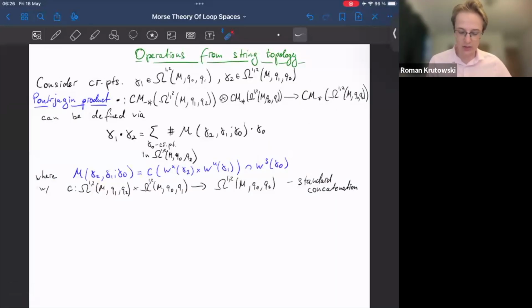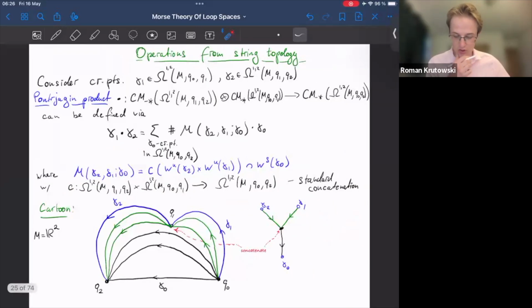This is defined by sign counts of moduli spaces like this, which formally can be given by this formula, where this map C is a standard concatenation from this product of spaces to omega 1, 2 of paths from Q0 to Q2. So pictorially, what you do here is you flow starting at some critical point gamma 2 for a little bit, you flow from gamma 1 for a little bit, then you concatenate these paths.